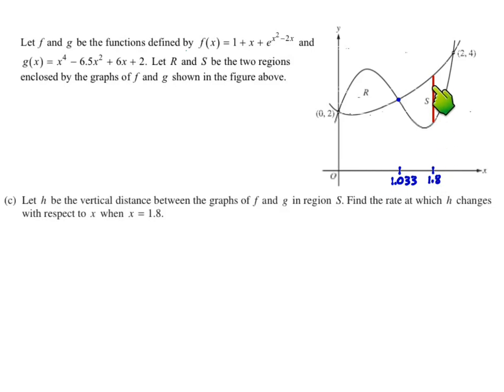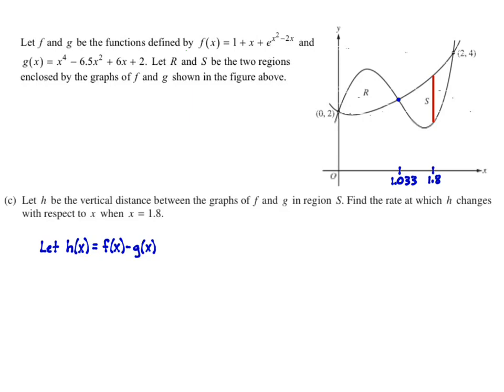So when x equals 1.8, we are looking for the rate at which the distance is changing. It told us that h represents the vertical distance, and to find the vertical distance, it would be the upper curve minus the lower curve. So we'd say h(x) is equal to f(x) minus g(x).